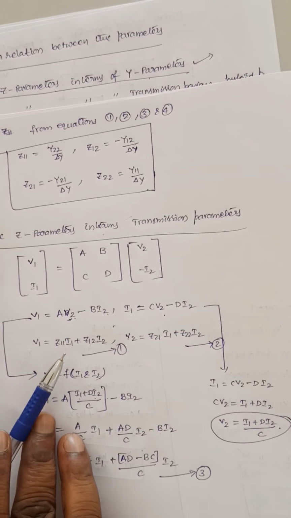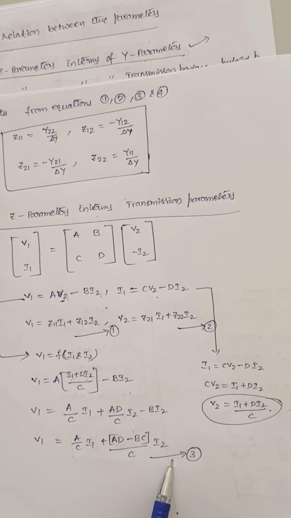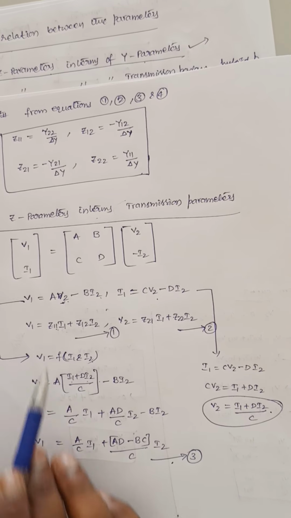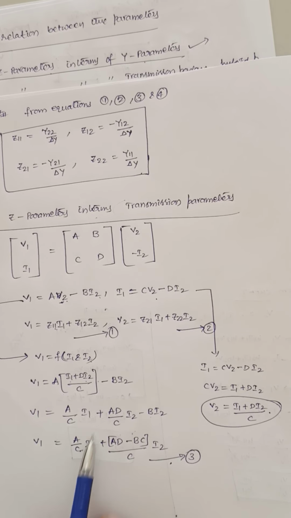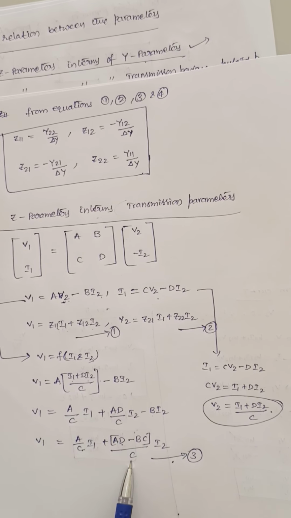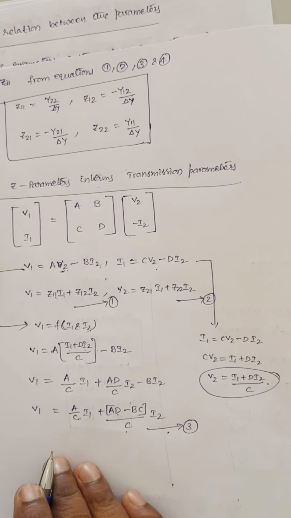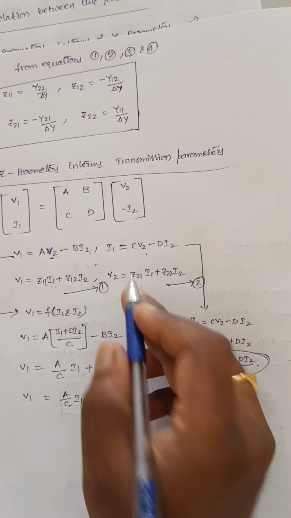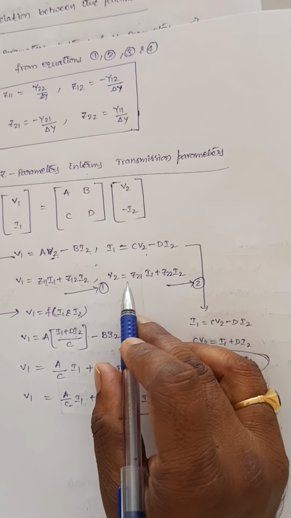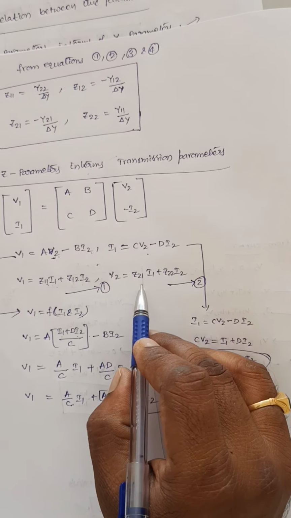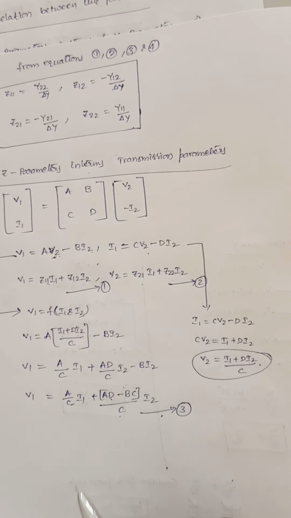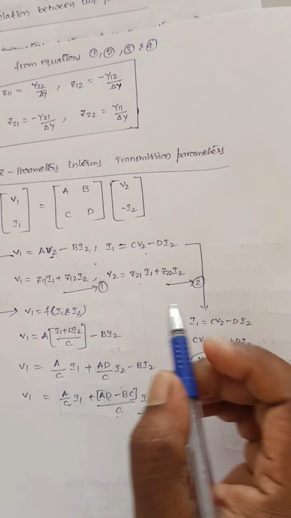By comparing equation number 1 with this equation number 3, we can write Z11 is equal to A by C. Is it right? Z12 is equal to AD minus BC by C. Okay. Next, if you want to find out Z21 and Z22 in terms of ABCD parameters, same, you use this equation.